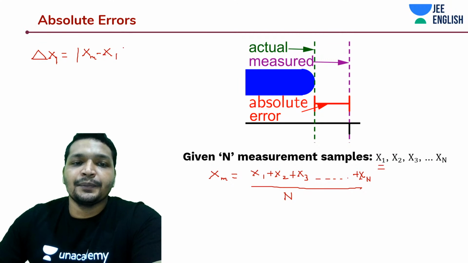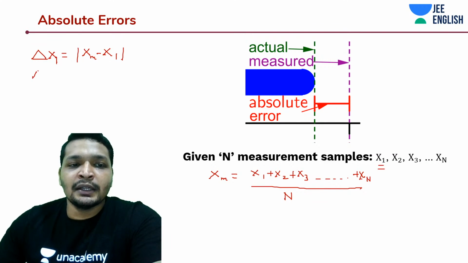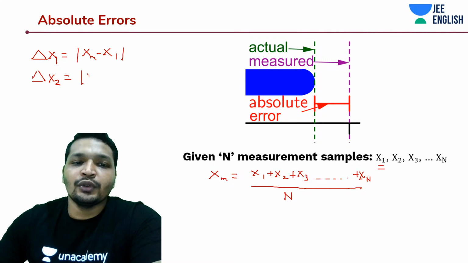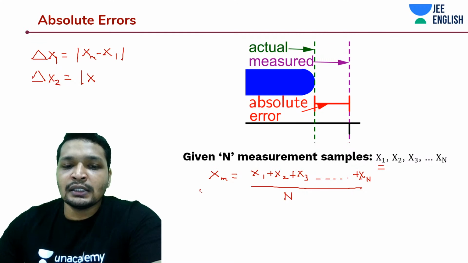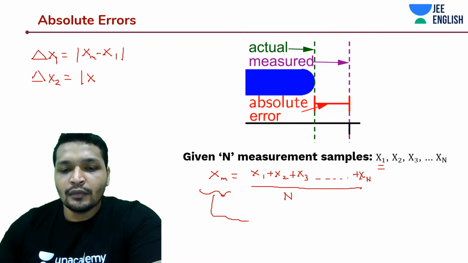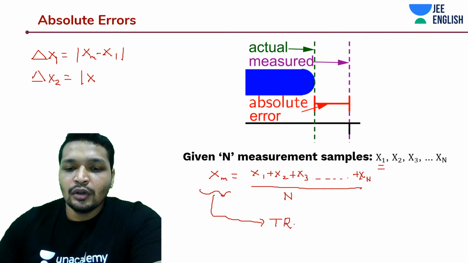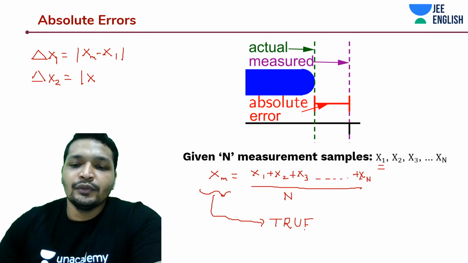How about the measurement x2? Delta x2 is calculated the same way. This x mean is known as your true value.